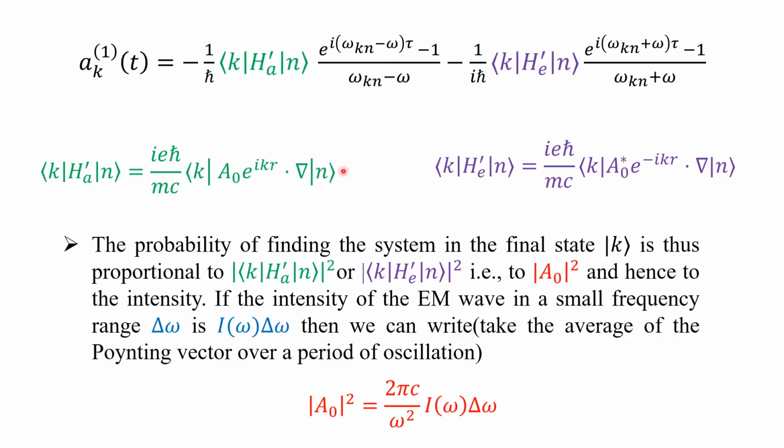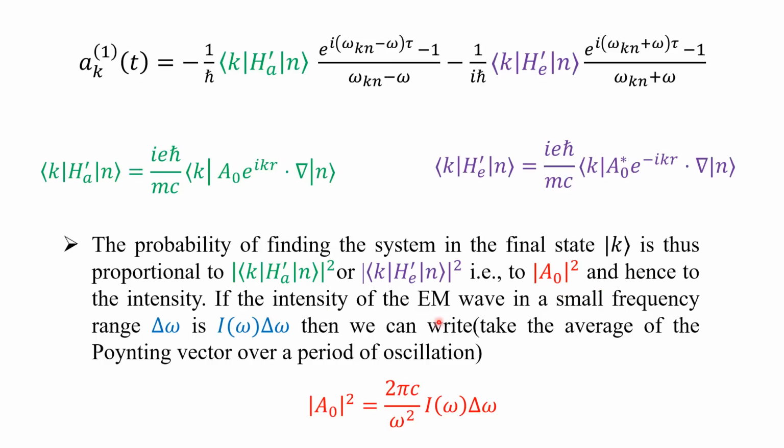In both the cases you have A_0 or A_0 star, so it is proportional to modulus of A_0 squared. If it is proportional to the modulus of A_0 squared, then it is the intensity, because the square of the amplitude gives you the intensity.